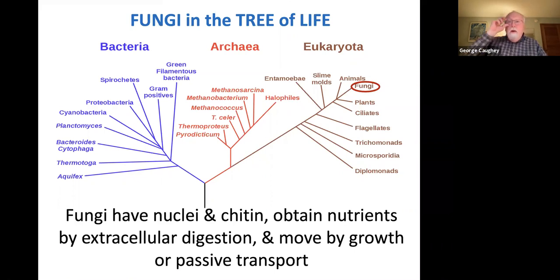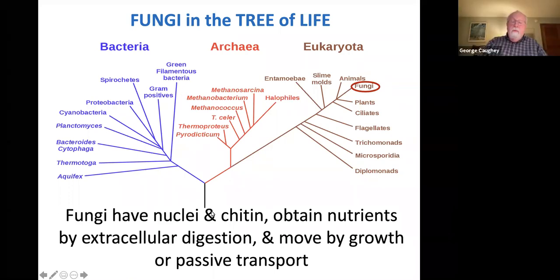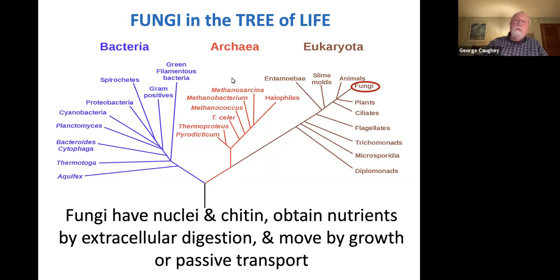So what makes a fungus a fungus? First of all, they have nuclei, as I mentioned, so they're eukaryotes, and their cell walls contain chitin, which makes them fairly unique among many cell types. But chitin is also found in the exoskeletons of insects, for example.